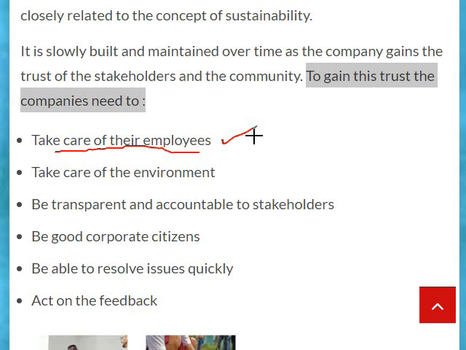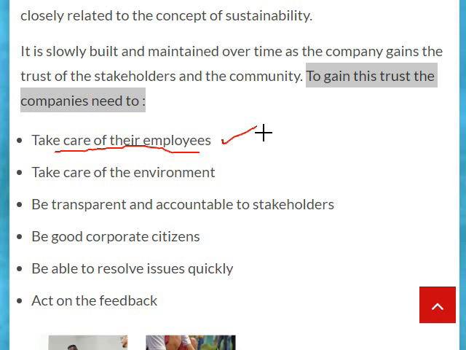Then another thing could be fair disbursal of salaries, right? So paying fairly for the amount of work that your employees are doing. And then it could be associated with the amount of maternity benefits that you are giving to your employees.